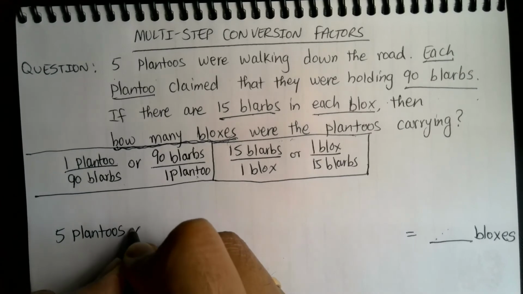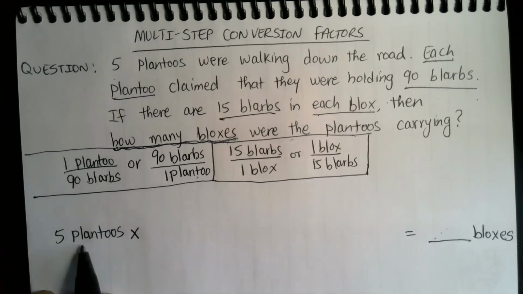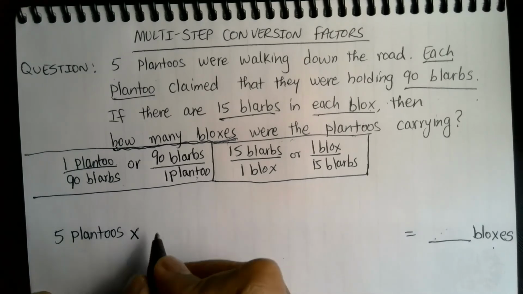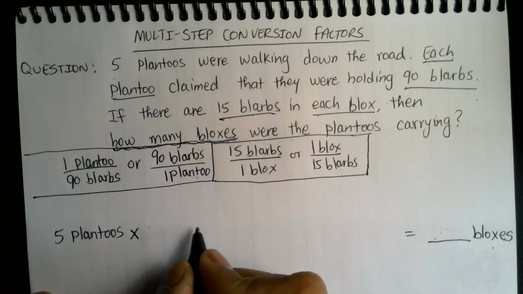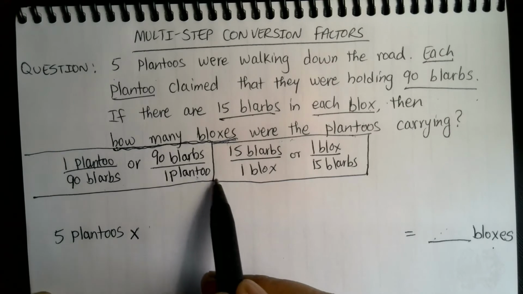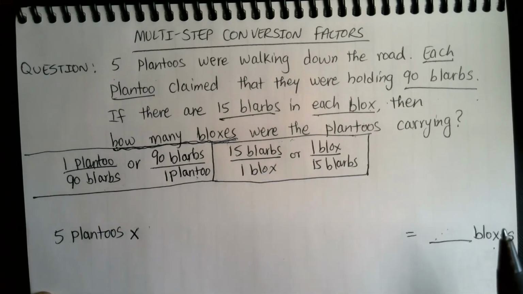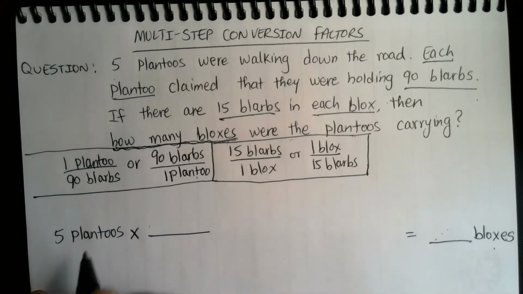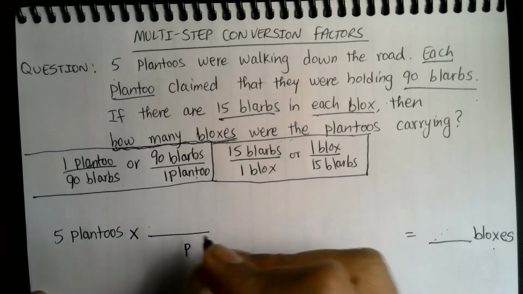Now you can begin your conversion factors. So given value, what you need to find, and then you can multiply the given value by as many terms, as many ones as you like, right? And that's why you can multiply it by as many of these conversion factors as you like, because the conversion factors represent the value of 1. I don't want Plantu in my final answer.